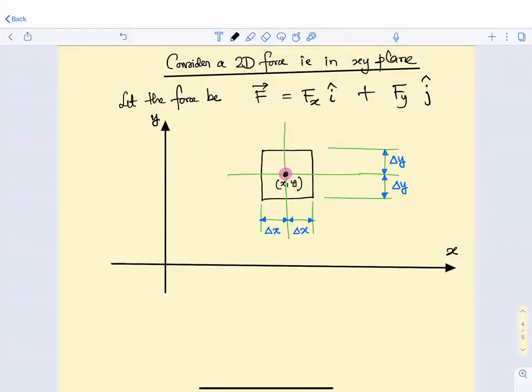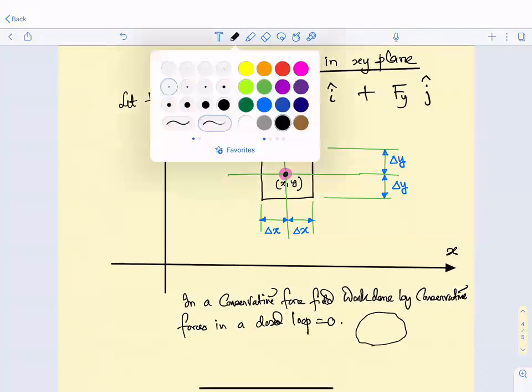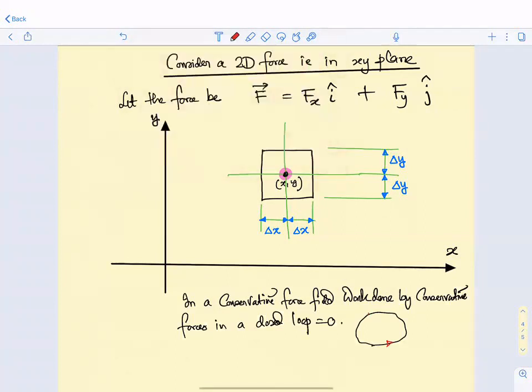Now we know that in a conservative force field, the work done by the conservative force in a closed loop is equal to 0. Whatever closed loop it may be, in a closed loop the work done by the conservative force is equal to 0.